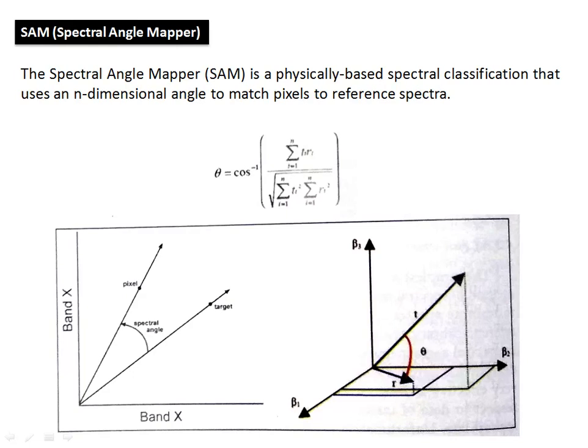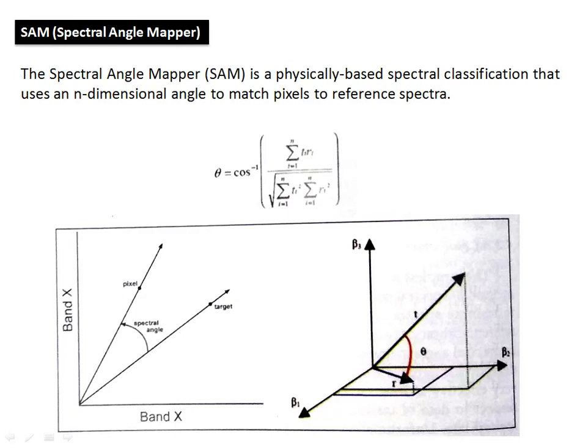It is a physically based spectral classification technique where spectral similarity between two spectra is determined by calculating an n-dimensional angular measurement between the spectra.